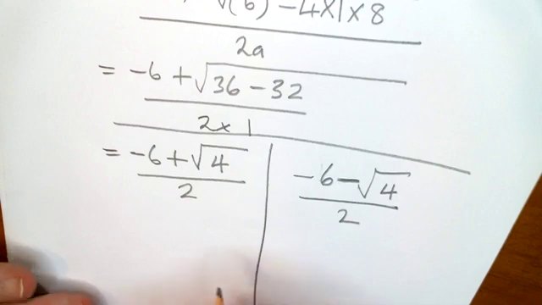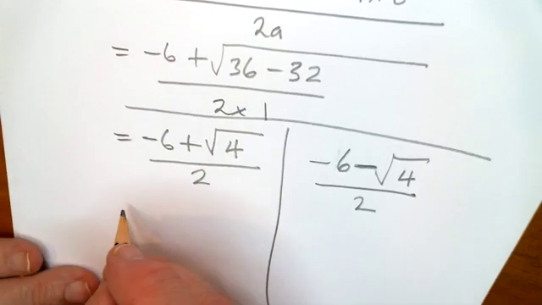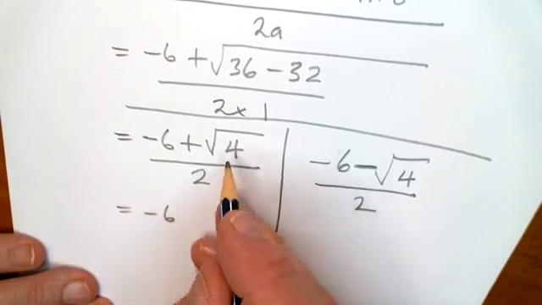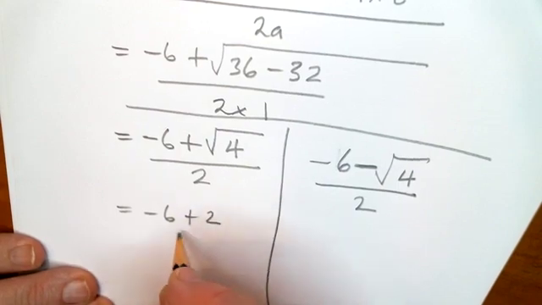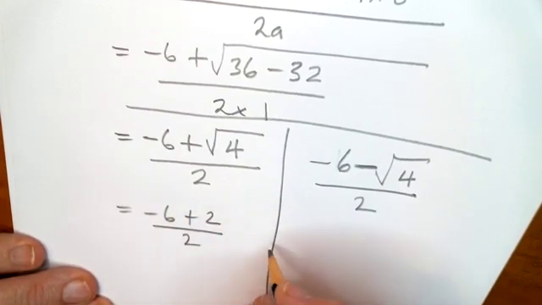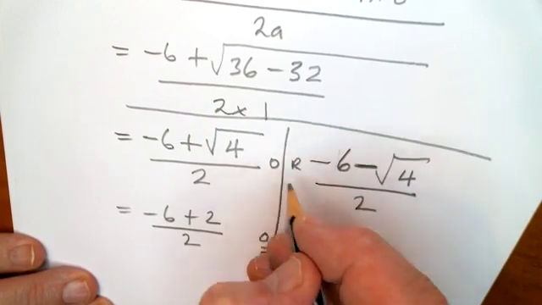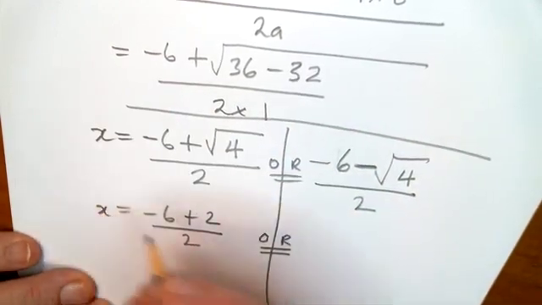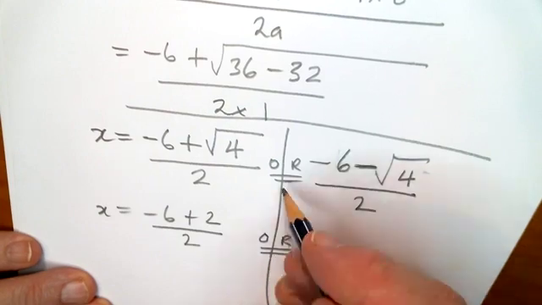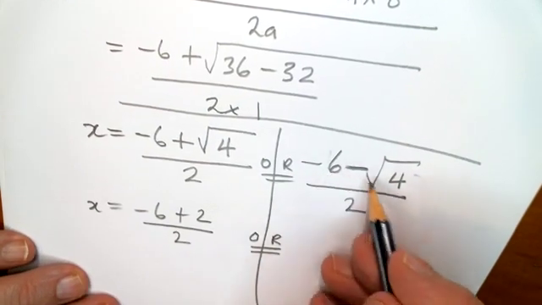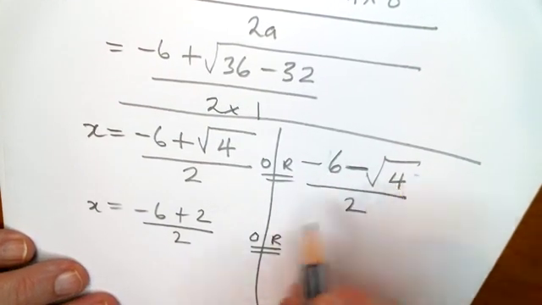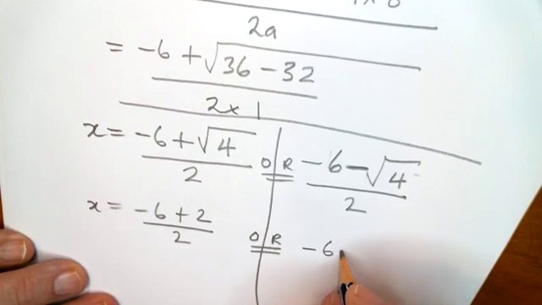Okay, so of course the square root of 4 is 2, so it's going to equal negative 6 plus 2 all over 2. Or, and this is the or, because this is x equals this or this thing. I've got a line down the middle, but don't worry about that. Square root of 4 is 2, we know that, so it's going to be negative 6 minus 2 all over 2.